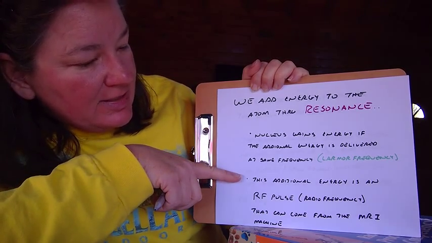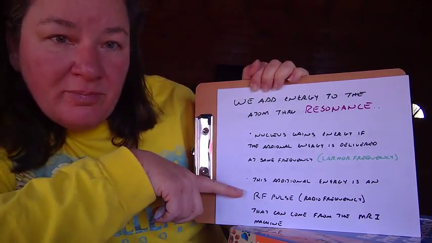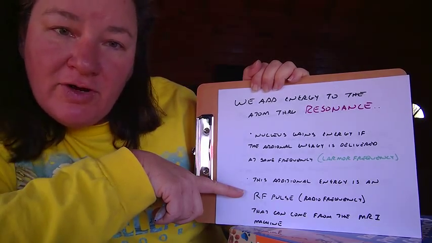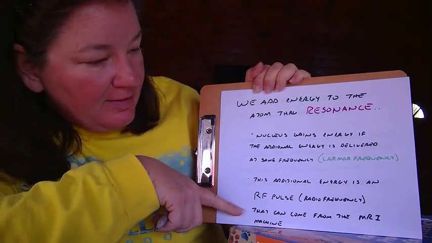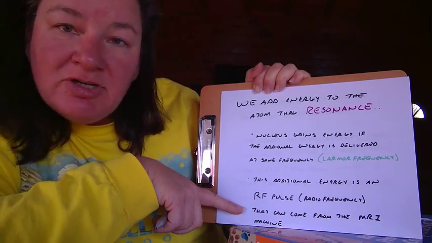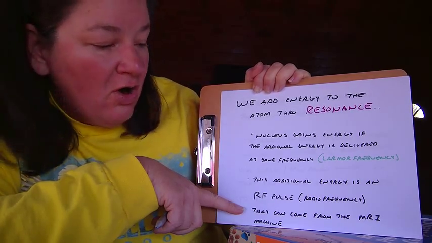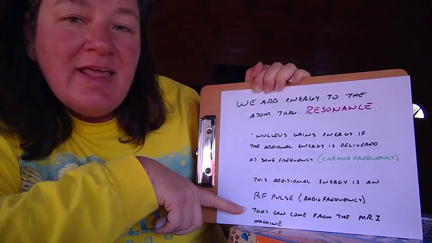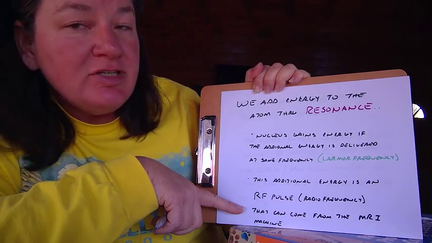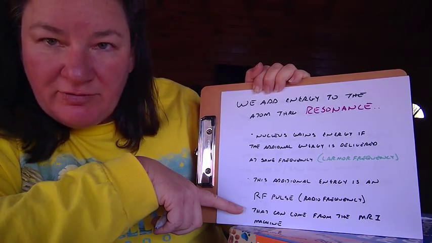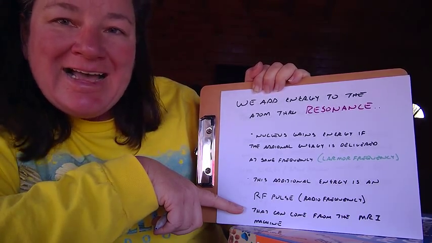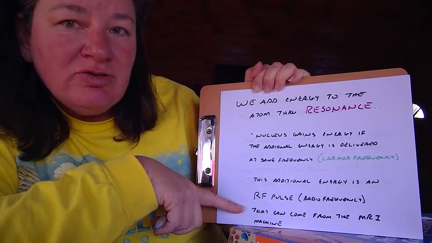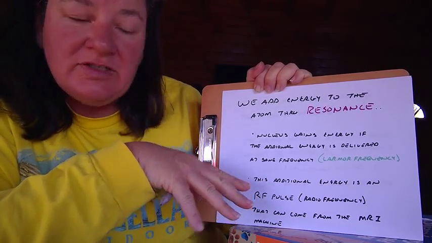This additional energy is an RF pulse, or radio frequency pulse. This is what the MRI machine can generate: an RF pulse at the same frequency that we just found out was the hydrogen frequency. So it adds energy to that hydrogen frequency. What does it do?